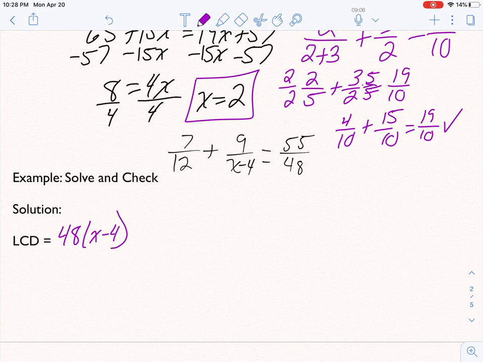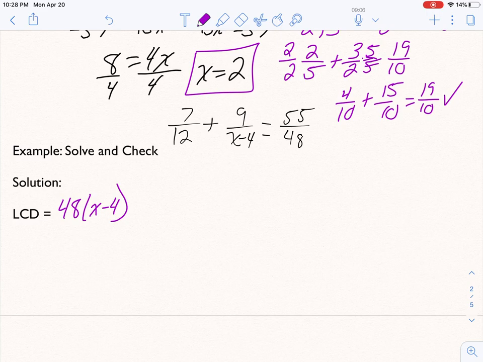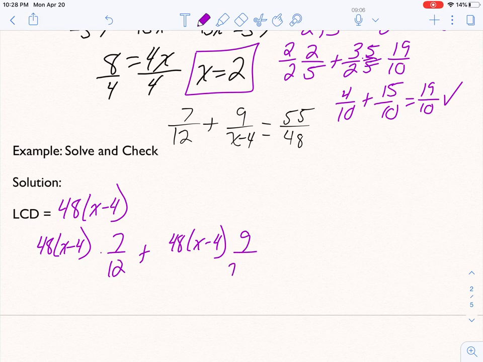So, multiplying there. And then go ahead and cancel.